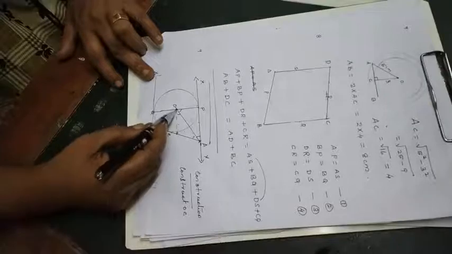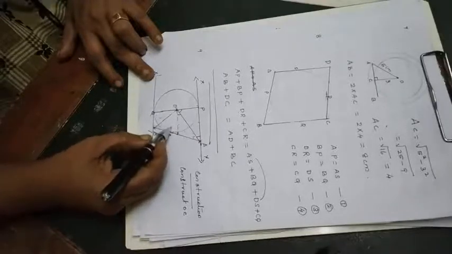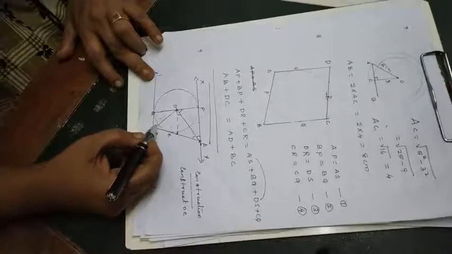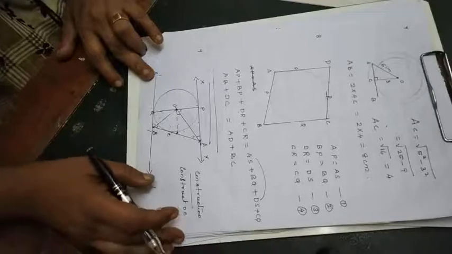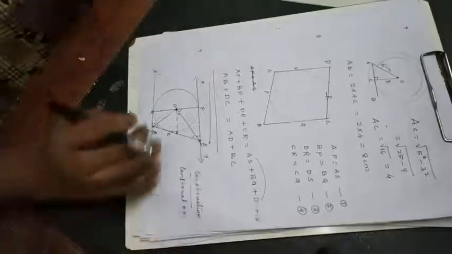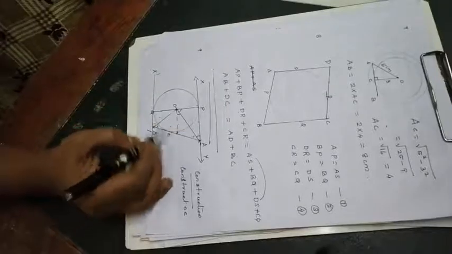Then OB is equal to OB itself. So these two triangles also will be congruent. Then corresponding angles also will be equal. Okay, so after doing that, just arrange that one.